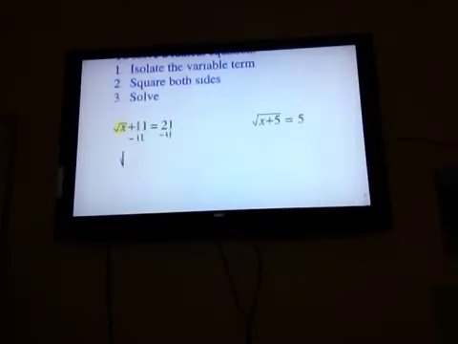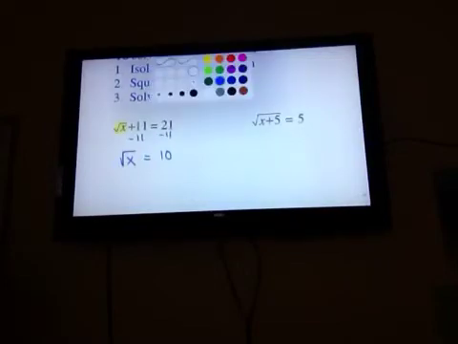So I end up with the square root of x equals 10. Once the radical is by itself, the radical term, it might just have an x, it might be bigger like the next one, okay, but once the radical is by itself, then you're going to square both sides.